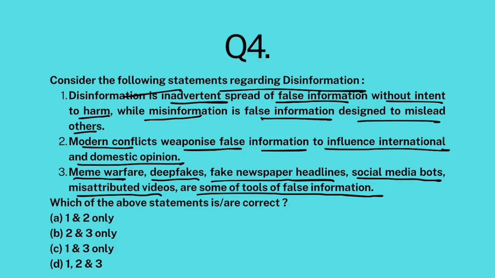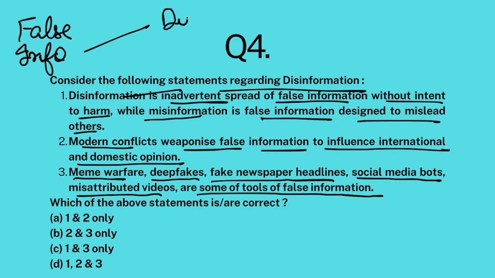Now look, false information on the internet is of two types. One is disinformation, the other is misinformation. Misinformation is spreading false information by mistake. You are not aware of the exact facts, and that is why you are spreading this misinformation.